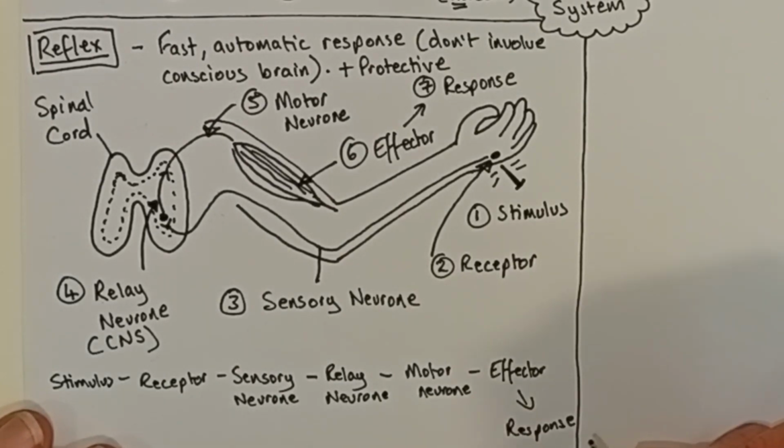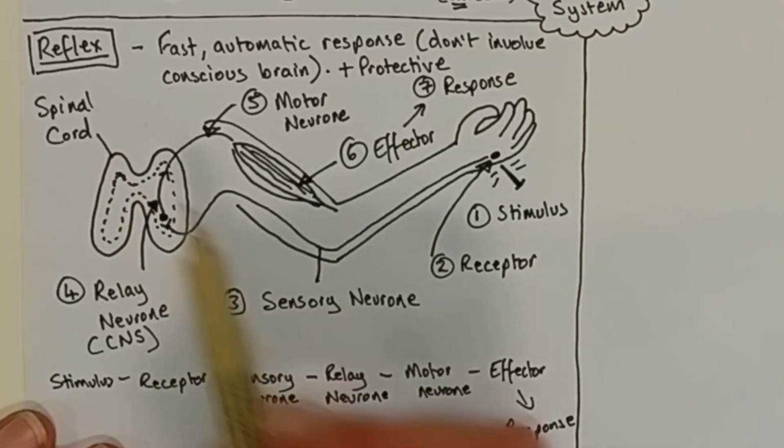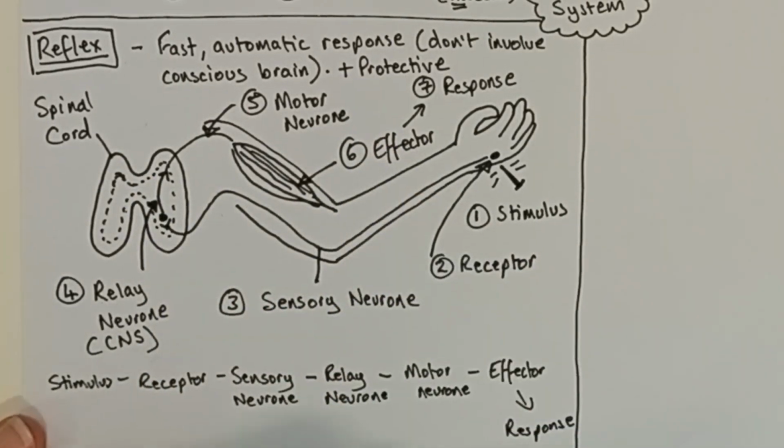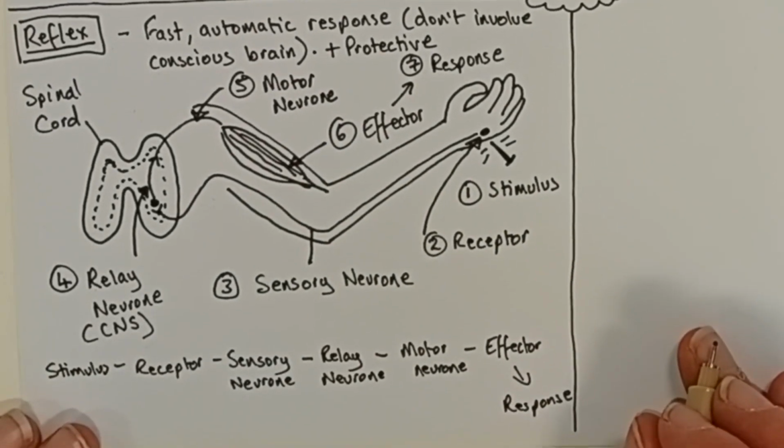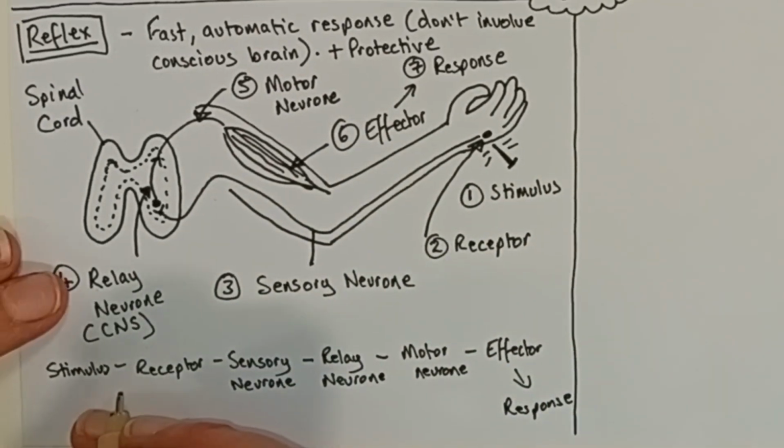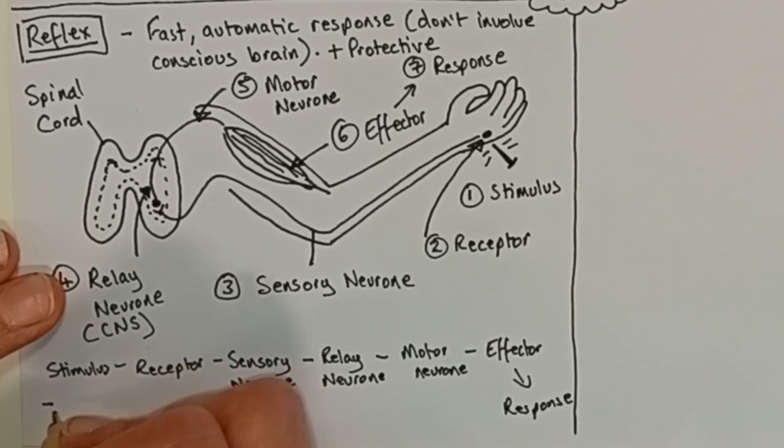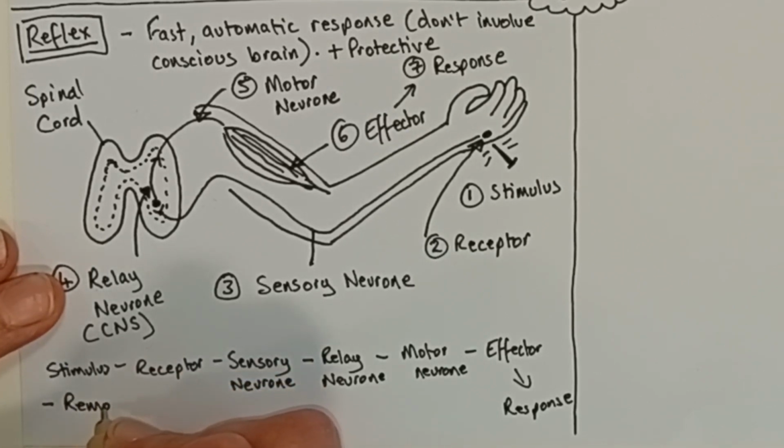And you might be asked for an example of a reflex response. Like we said, they tend to be protective. So it tends to be things like removing a hand from pain, like in our example.